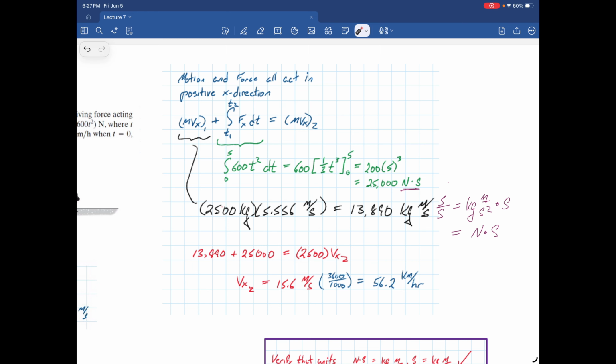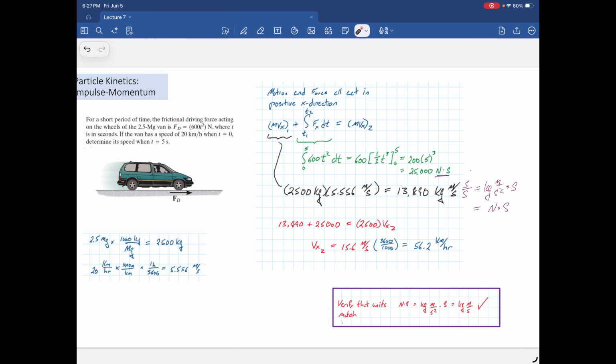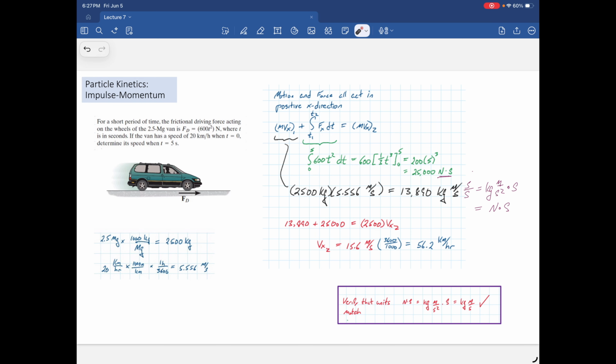So that's 13,890 plus 25,000, all of that divided by 2,500, and then just converting ourselves back to kilometers per hour to report our answer in the same units we were given. But if you left it as 15.6 meters per second, that would be fine. Or we can report our answer as 56.2 kilometers per hour. And all I'm doing down here is doing what I did up here, verifying my units.